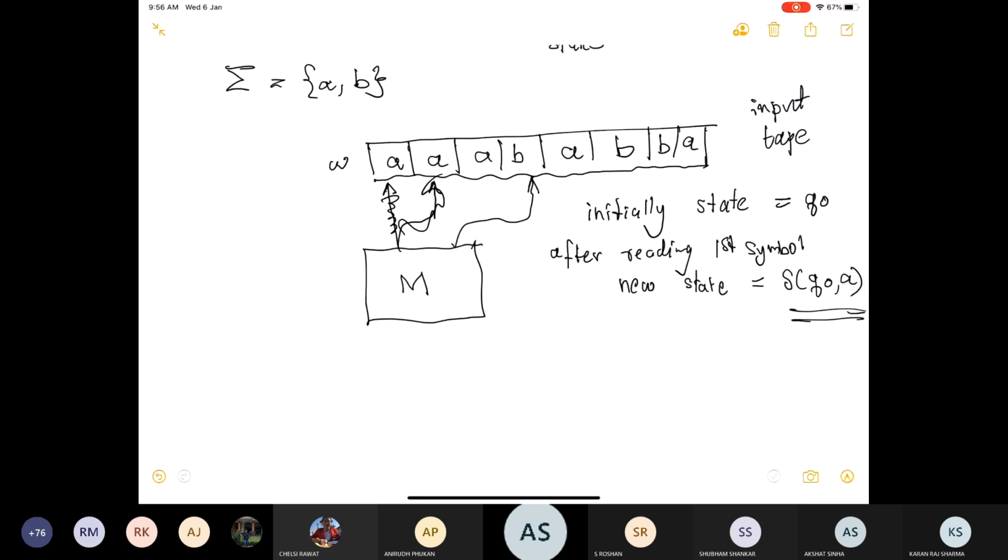In one step, it will transition to a new state and move one cell to the right. It'll keep on moving right till it reads the last symbol. After reading the last symbol, if it transitions into a final state, that is a state in capital F, then it accepts that input string, otherwise it rejects the string. So this is the behavior.